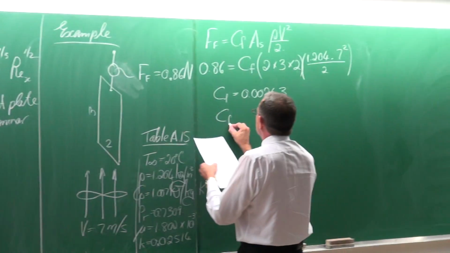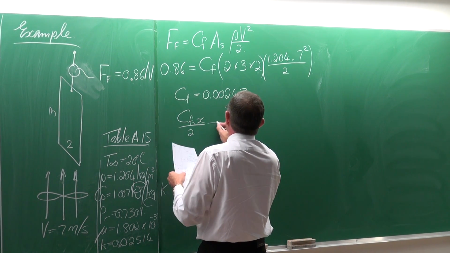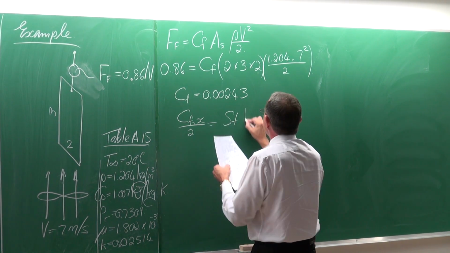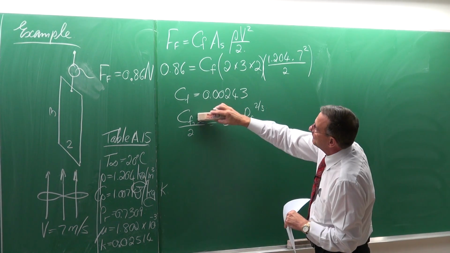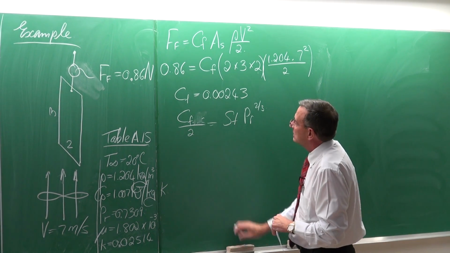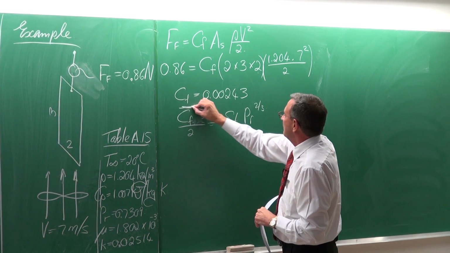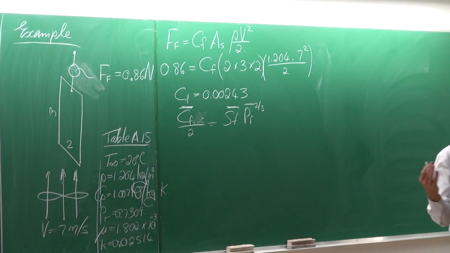The Reynolds analogy says that Cf,x divided by 2 is equal to the Stanton number times Prandtl to the 2/3. Because we have the average Cf value, we can write the average Cf, the average Stanton, and the average Prandtl number also.